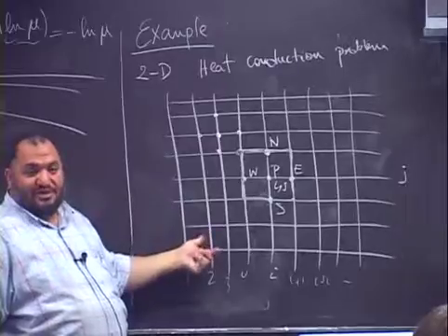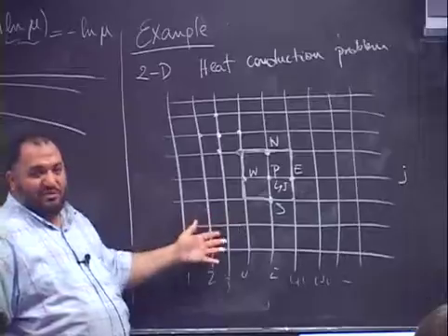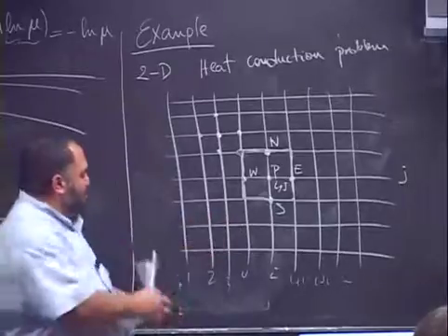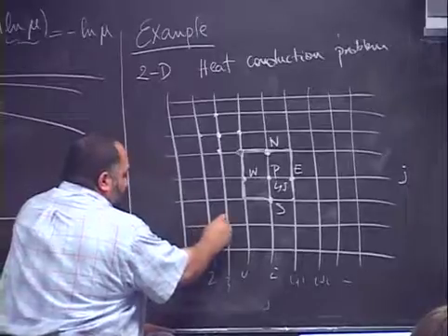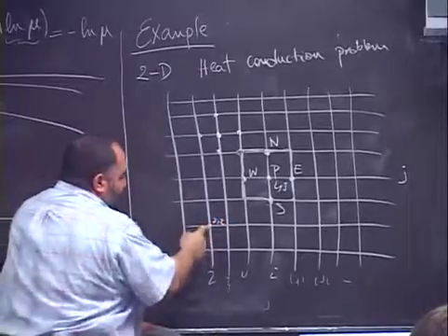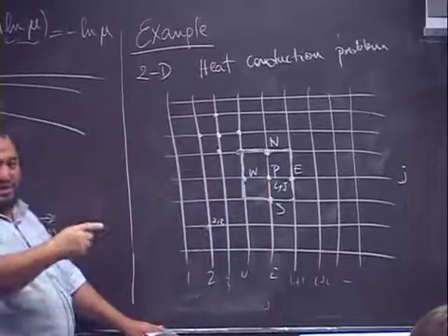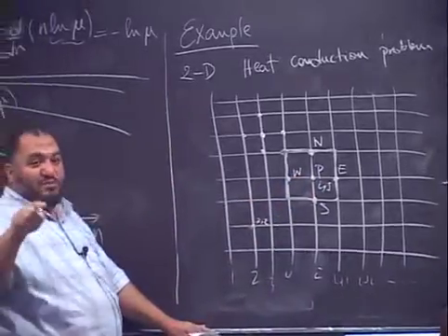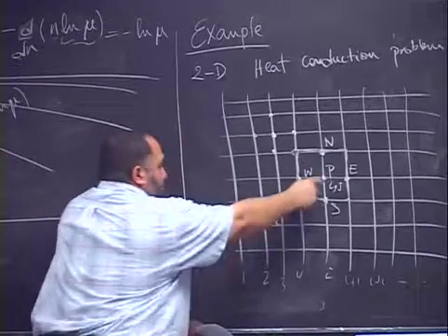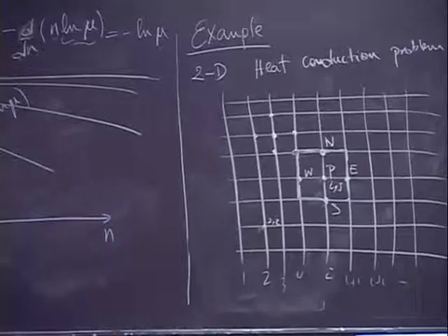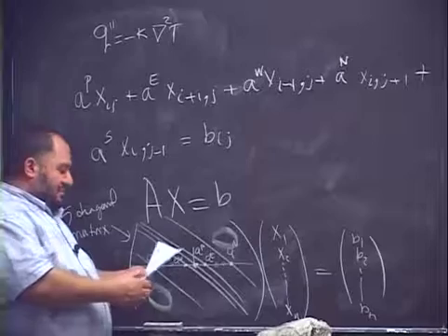So in this case, the coefficient will be just 0, because if you look at this point, for example, this is, let's say, i equals 2 and j equals 2. There is no coupling between (2,2) and ij. It's very far away. So the coefficient in the matrix will be just 0. So you multiply 0 by this contribution to this point here. This is why you will have a 5 diagonal matrix like this.